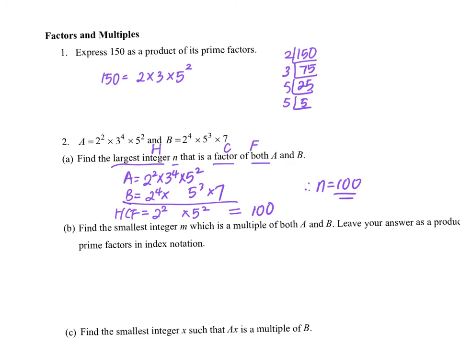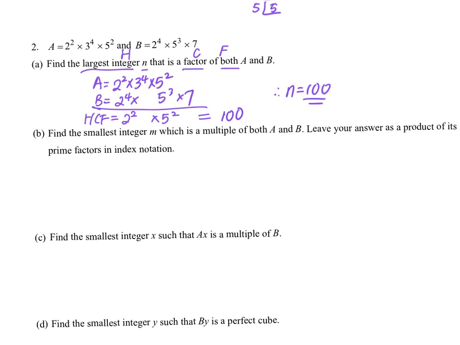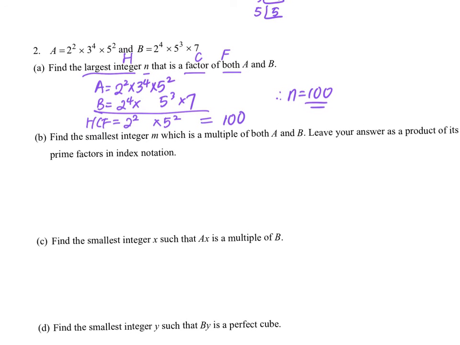Okay. Part B. Find the smallest integer m, which is a multiple of both a and b. There are two methods. Which method do you prefer? Or do you even know that there are two methods? Forget already. Okay. The first method is based on understanding.